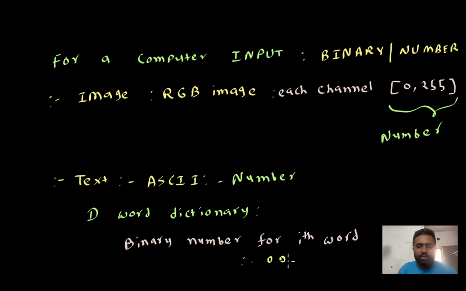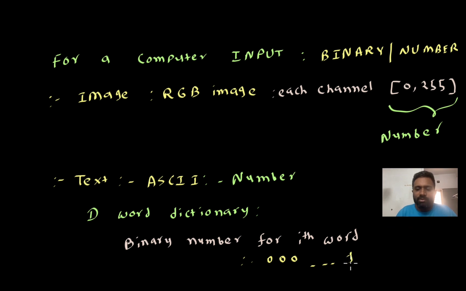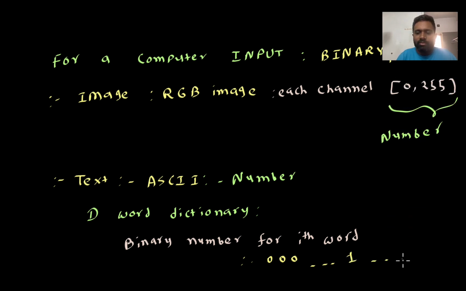So 0 0 0, like this it will go, and for the ith position I will keep 1 and others again 0. So this is one way I can represent a word in a binary or number format.